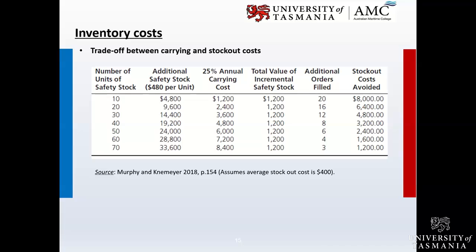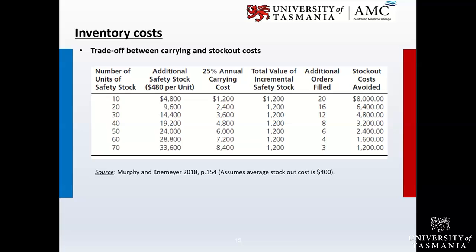Previously, we discussed that if a company carries a high level of inventory, it will result in higher carrying cost. But at the same time, if the level of inventory is higher, there is a low probability of seeing a stock out.